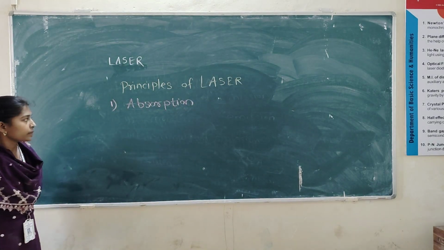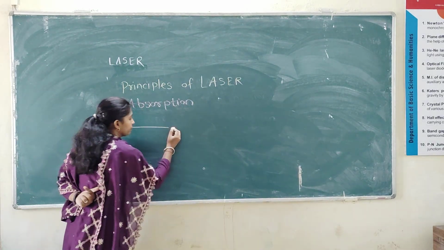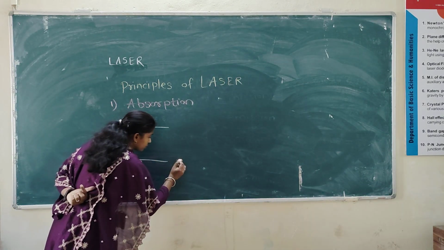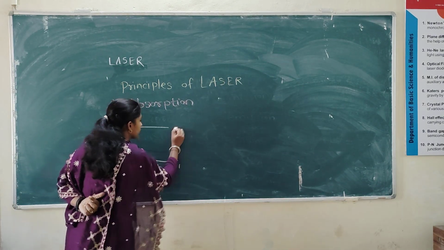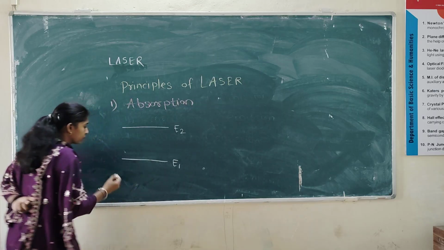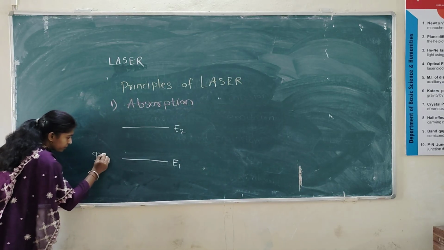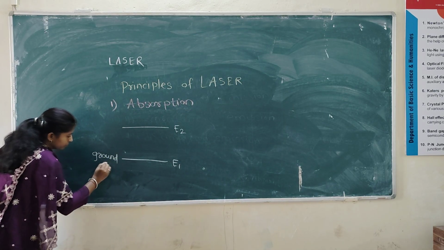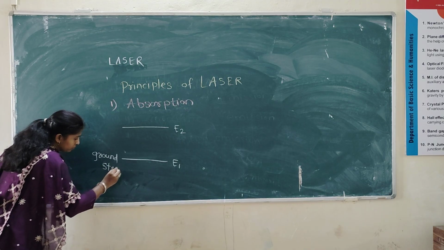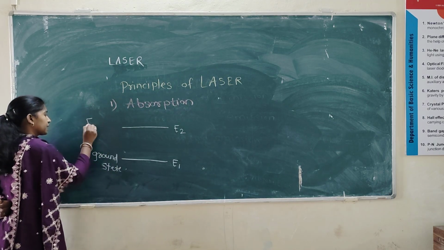Here consider a diagram. E1 as the ground state, E2 the excited state.